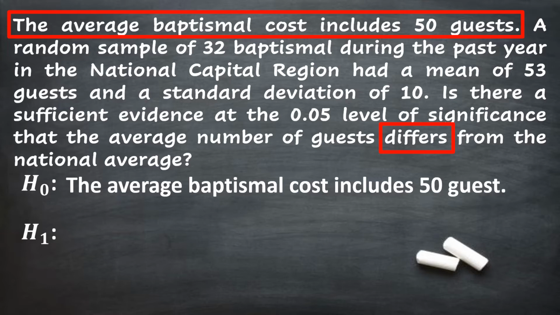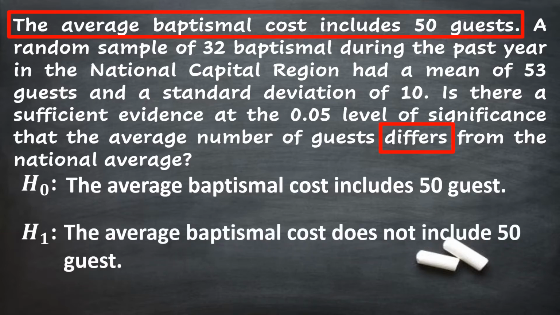You can write that the average number of guests differs from the national average as the alternative hypothesis. But just to relate it with the given null hypothesis, that the average baptismal cost includes 50 guests, we will just negate this one, wherein the concept still falls under the term differs. So, we can state for the alternative hypothesis that the average baptismal cost does not include 50 guests.